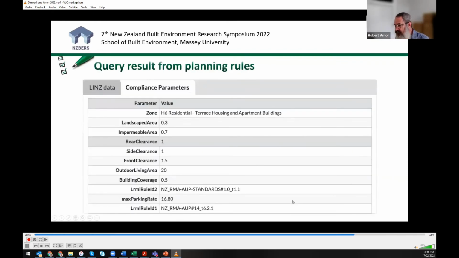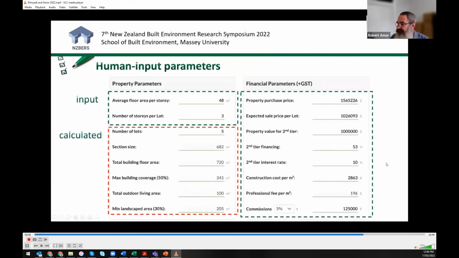From this, we can do a range of calculations. And so we can identify the clearances which are needed, the percentage building coverage that's allowed, all of these parameters which can be calculated from the land that we have. It's a human-driven approach, so we allow humans to enter parameters so they can say what they're interested in, how many stories they might want, and from that we can calculate how many lots there might be on the land and other parameters.